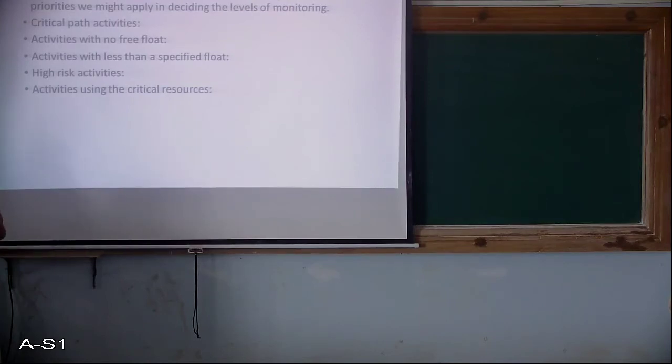Activities with less than a specified float. If any activity has very little float, then it might use up the float before regular activity monitoring brings the problem to the project manager's attention. So with less than the specified float, it has to be regularly monitored in that case.